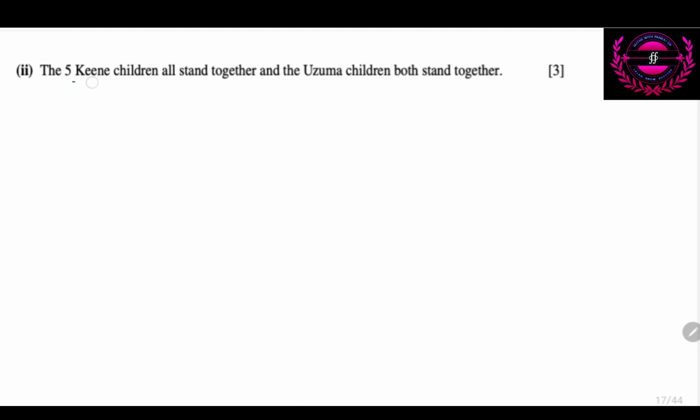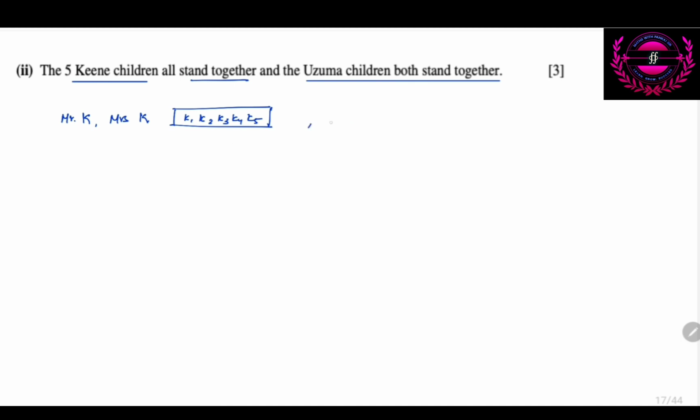The 5 Keen children all stand together and the Uzuma children both stand together. So here I have Mr. Keen and Mrs. Keen. Now I have the 5 children of the Keen family, who stand together.